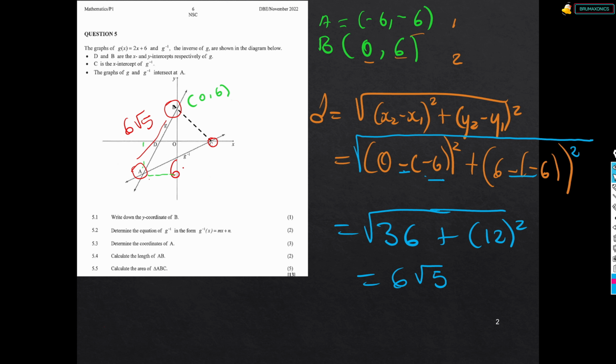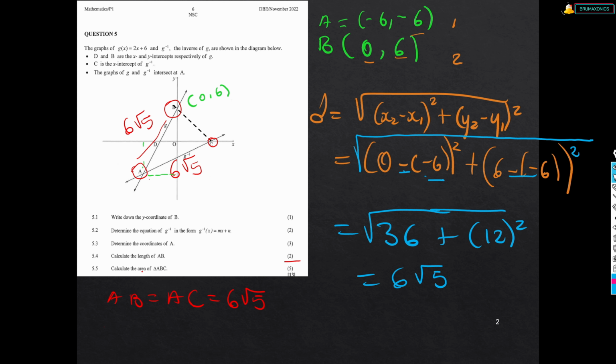So here we're going to write the same distance. This means that the distance AB is equal to the distance AC, and it's equal to 6 square root of 5. So this is the distance that we were looking for at this point, right?